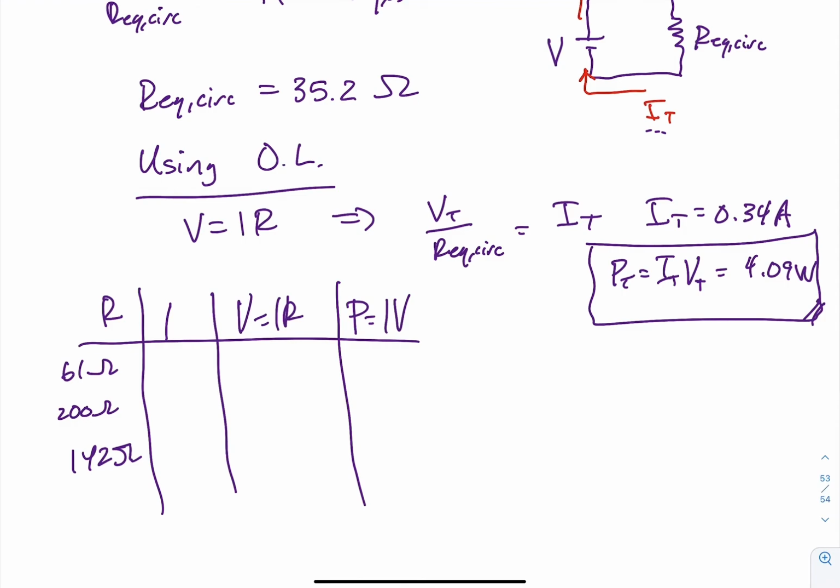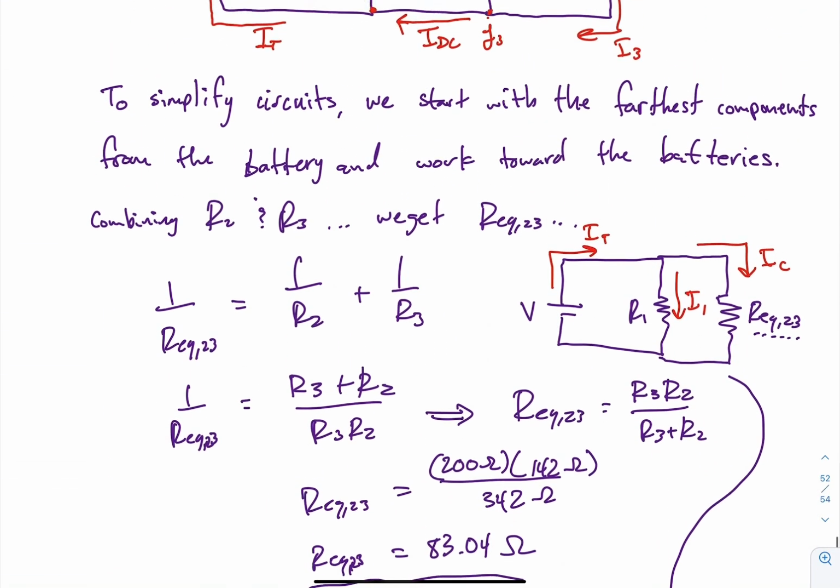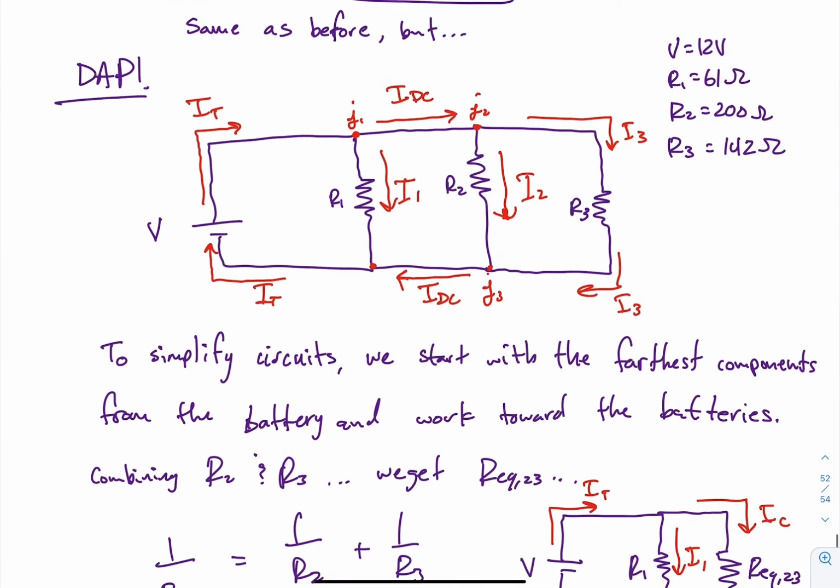In other words, the voltage drop across each of these resistors must be 12 volts. And if you think through this, remembering that the current that leaves the battery must return to the battery, but the circuit must take away all of that potential energy that the battery gave the charges.